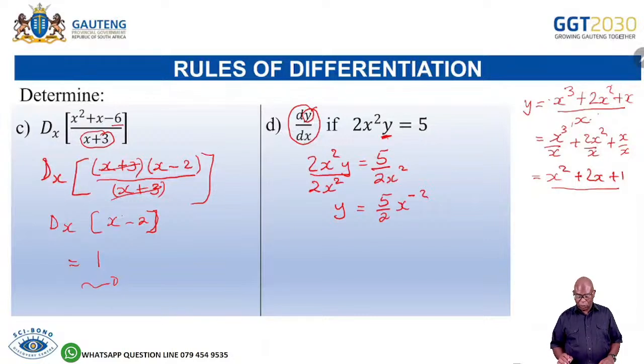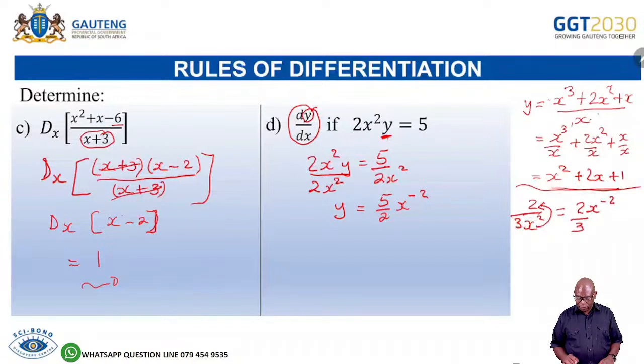Because it was that. So if I've got, for instance, 2 over x squared, or let me say 2 over 3x squared, that will be the same as 2 over 3. The x squared must go up there and become x to the power minus 2. So that's exactly what I've done.